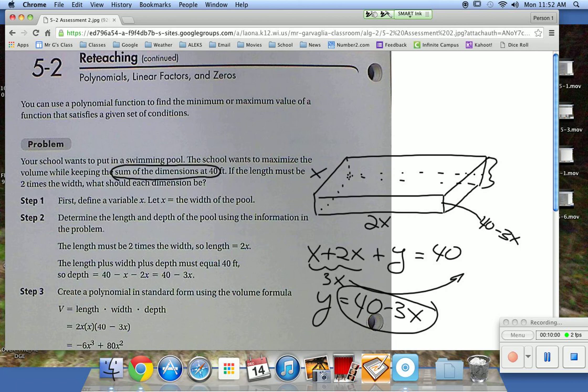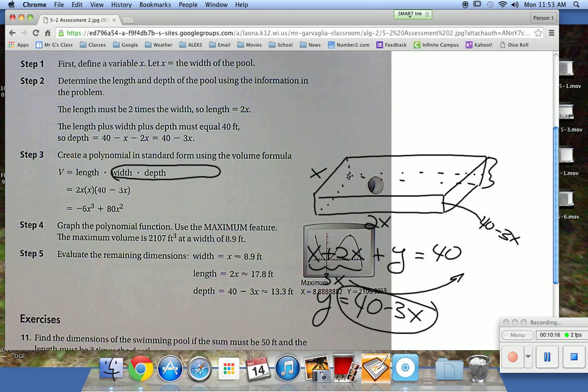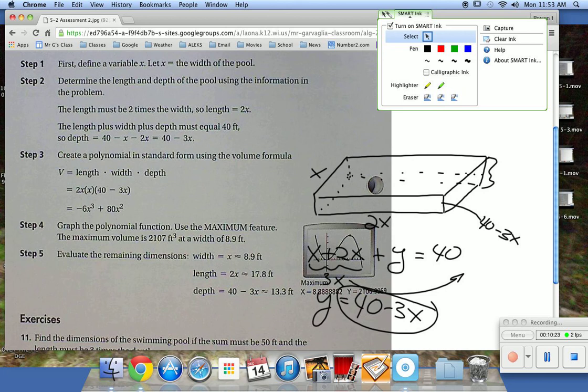40 minus 3x. So what did they do? They multiplied them all together. It was a word problem. We multiplied them all together. Move this down. We multiplied them all together right here.